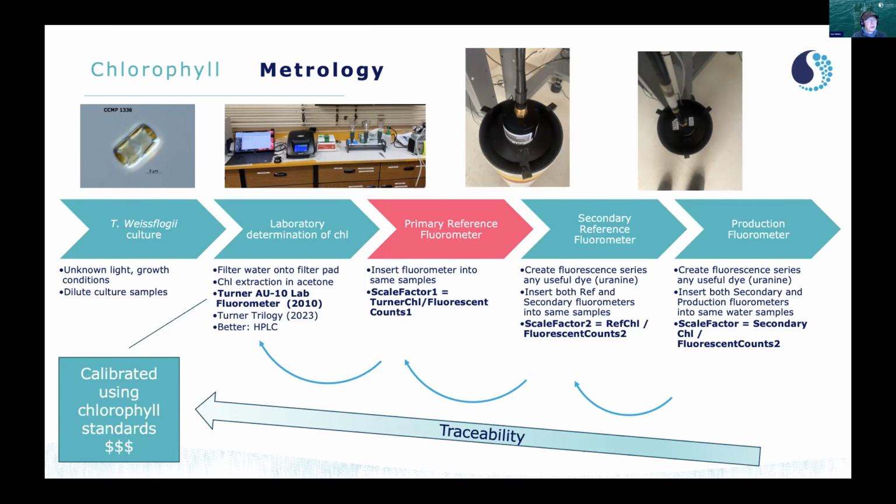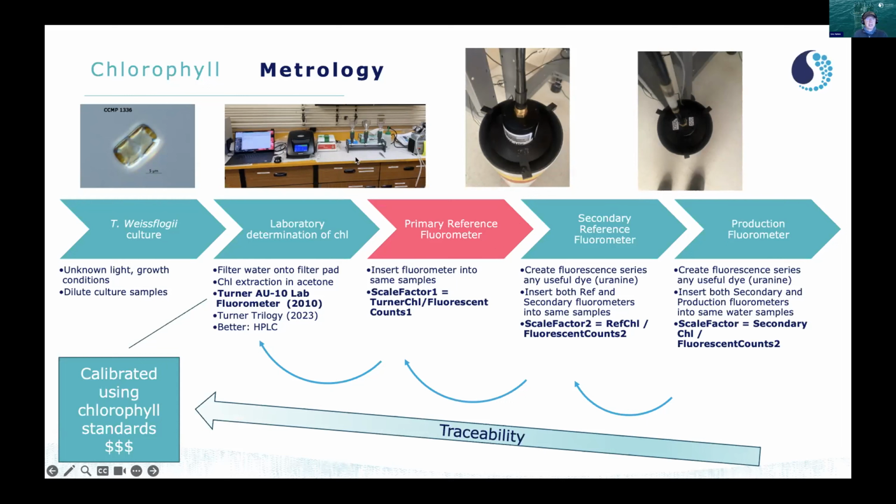But what we do know is that this experiment was carried out and the chlorophyll content was assessed using a standardized method, a method that was written in protocols, for example, by EPA. It's called EPA method 445, but essentially it involves filtering water, and you can see that apparatus in the upper right here, filtering water onto filter pads that are put into a test tube with acetone.